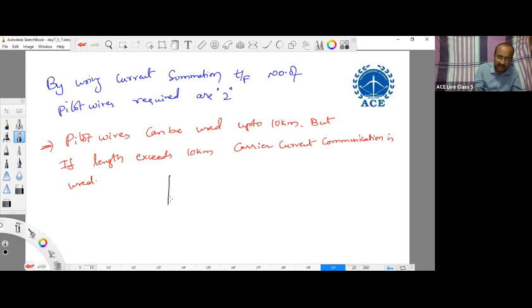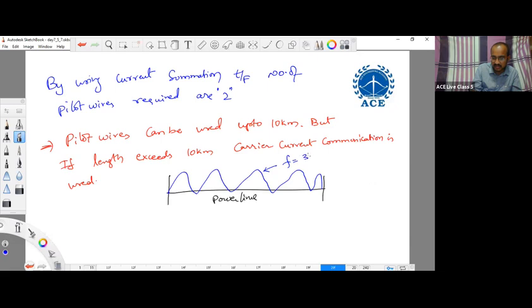On the same power line, we will inject a high frequency communication signal. We will transmit a high frequency communication signal. The frequency of this is around 30 kilohertz to 200 kilohertz. So we will transmit the data by using this high frequency communication signal between two points.